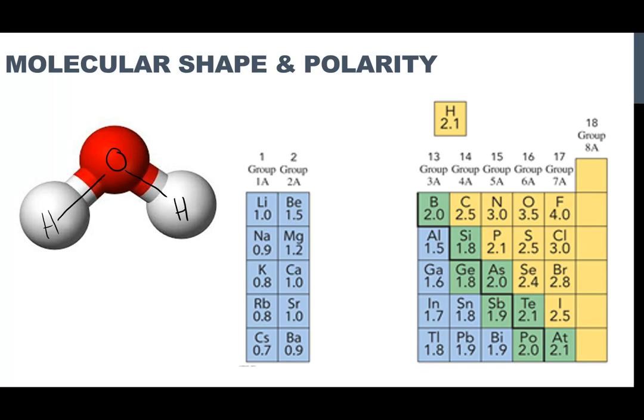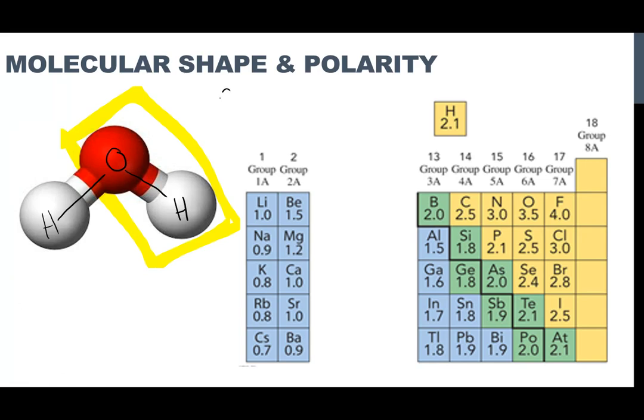To determine if this is a polar molecule or not, we have to look at how these bonds or electrons are shared. So we're going to isolate one of these bonds. I'm going to look at oxygen and hydrogen. Let's say I isolate this bond right here. I'm going to see, is it a polar bond?